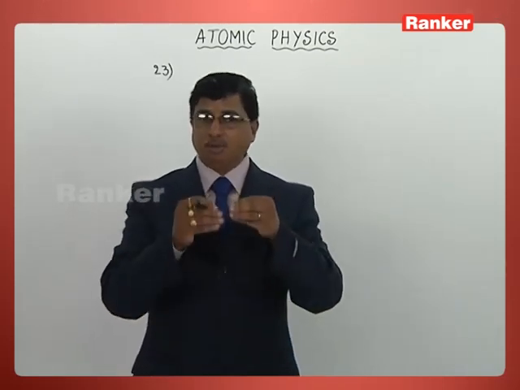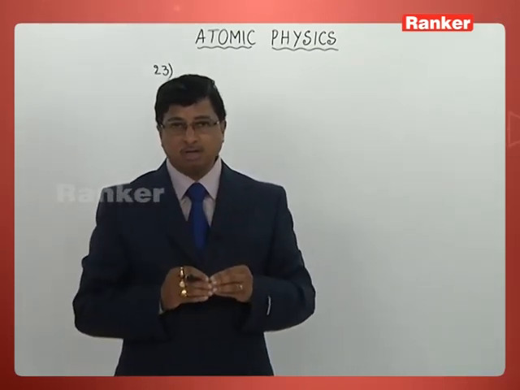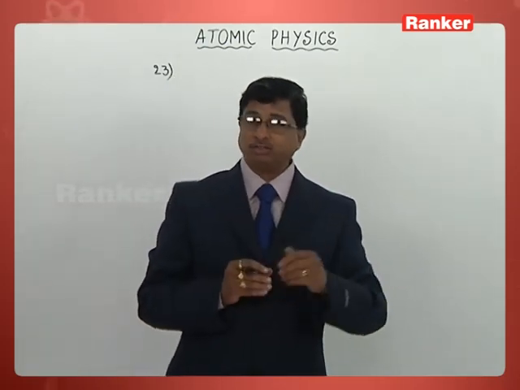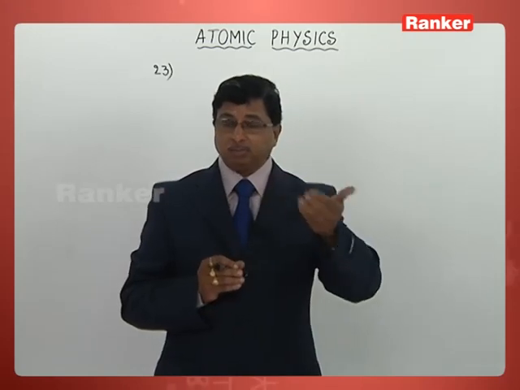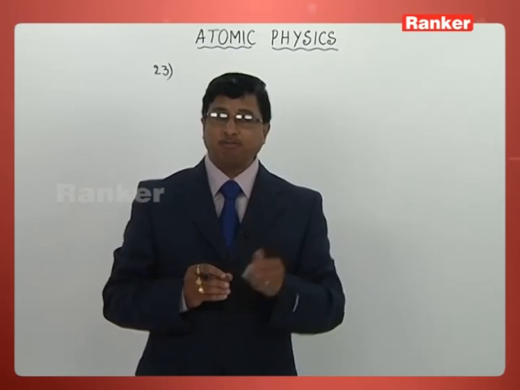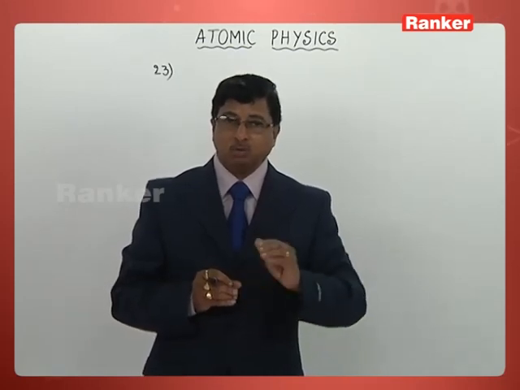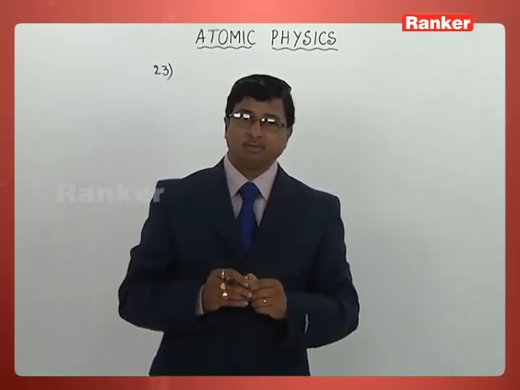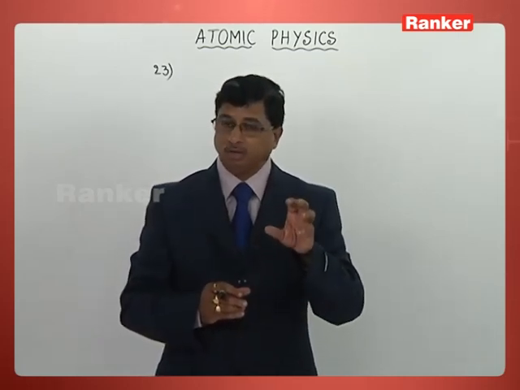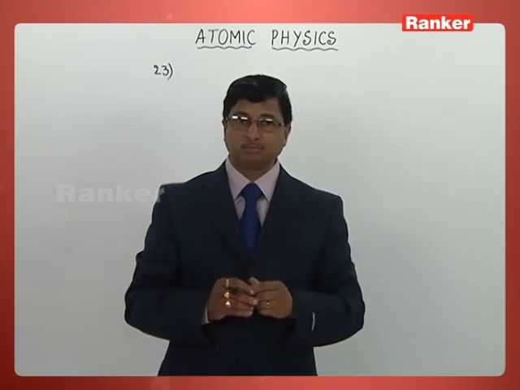This particular observation of Compton has given us a wonderful result. What is that? There is a possibility of transfer of energy from a photon to an electron there. So this is actually what you people have read as far as the Compton effect is concerned.